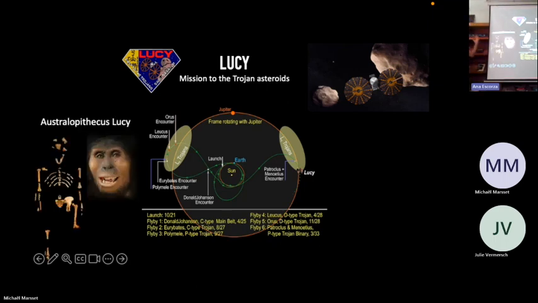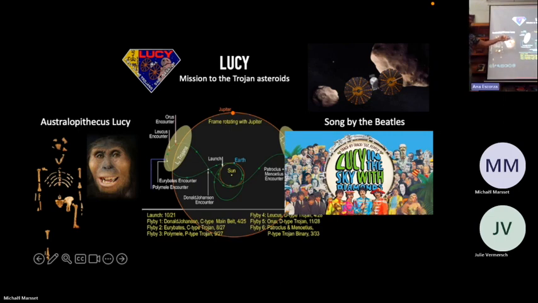They were named after the Australopithecus Lucy, which is one of the oldest fossils of humankind. And Lucy herself was named because of the, how do you call them? The archaeologist, it's not archaeologist, paleontologist who discovered her, thank you.